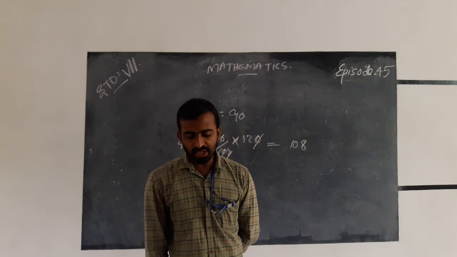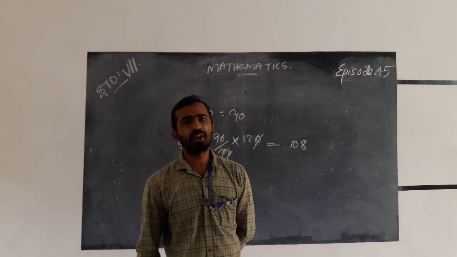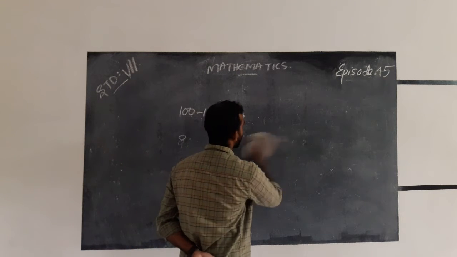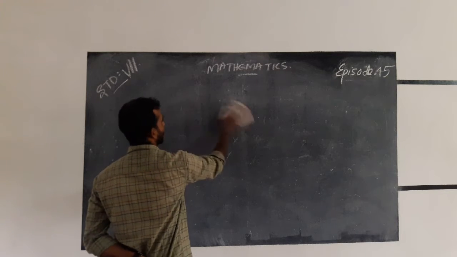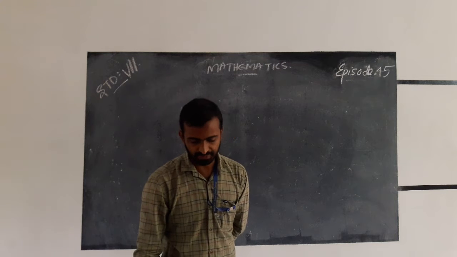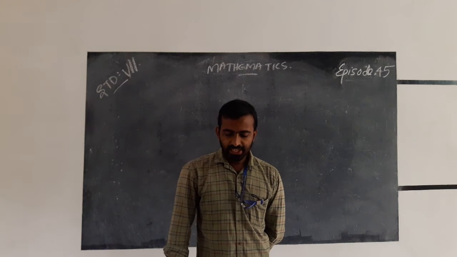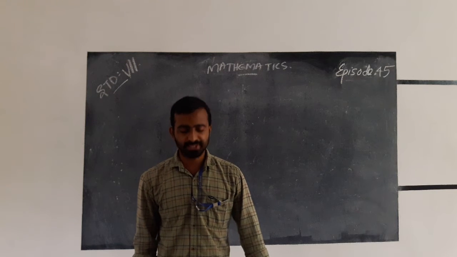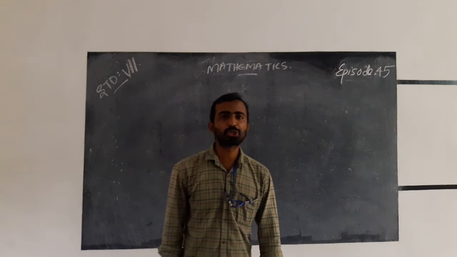And next is another example. The selling price of a toy car is 540. If the profit made by the shopkeeper is 20%, what is the cost price?